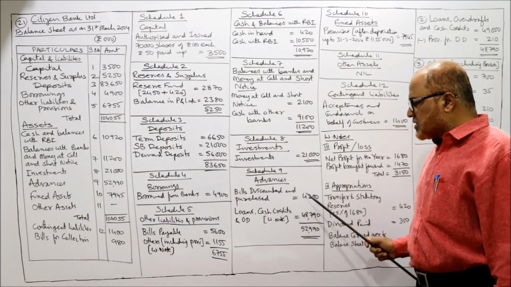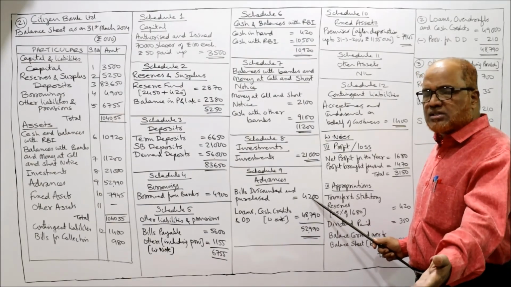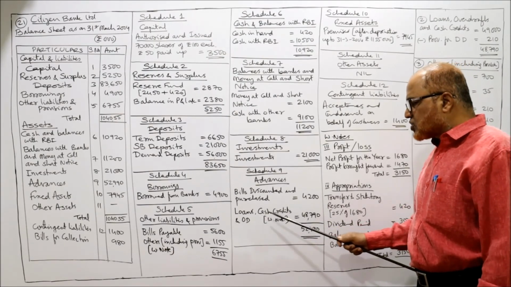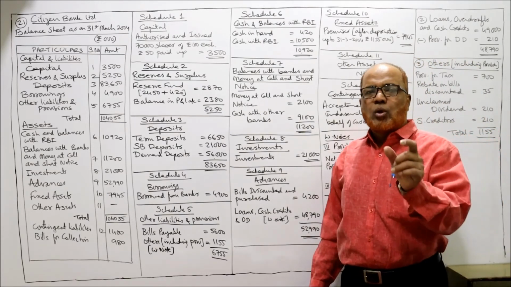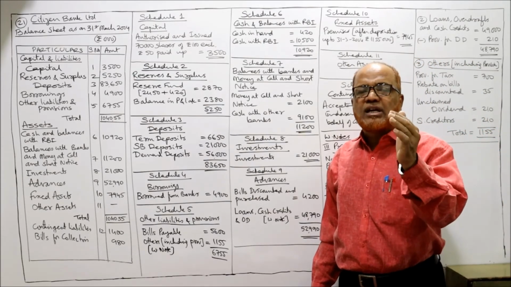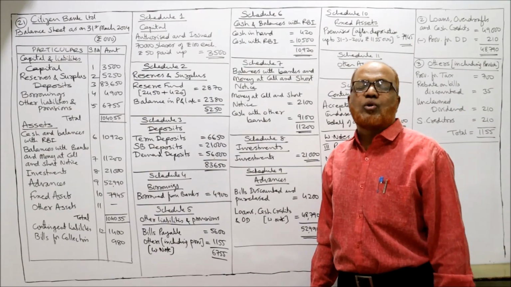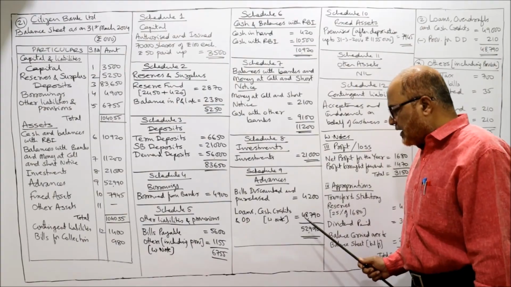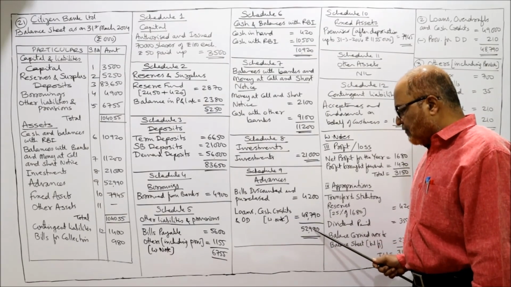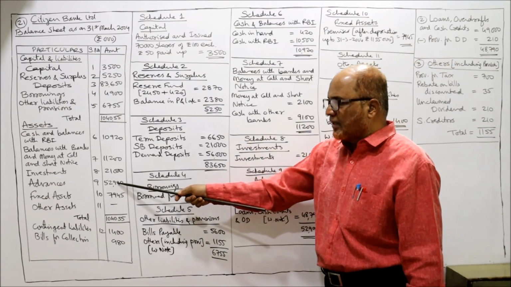Bills discounted and purchased, directly we have taken whatever is given in the problem. Loans, cash credit and overdraft, in working note we have taken this amount, from which we have deducted provision for doubtful debts, and the net amount is 48,790. Total 52,990 I have taken 9th.